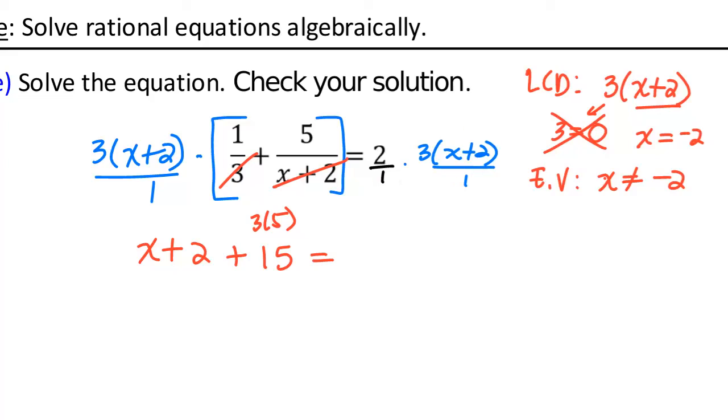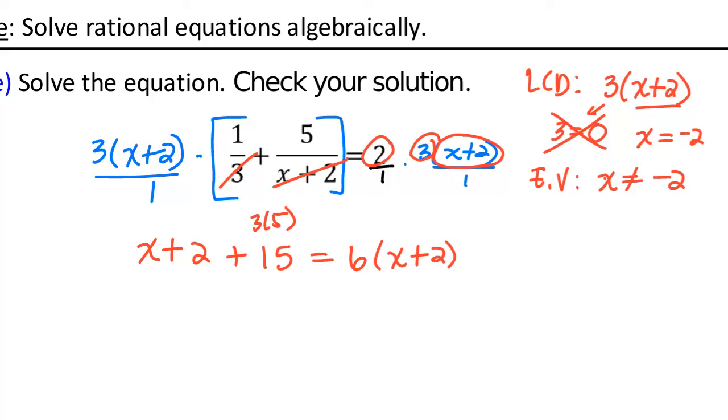And then on the other side, I have a 1 in the denominator. So I can't cancel anything out of the denominator. So I'm left with 2 times 3 times x plus 2. So 2 times 3 would give me 6 times x plus 2.